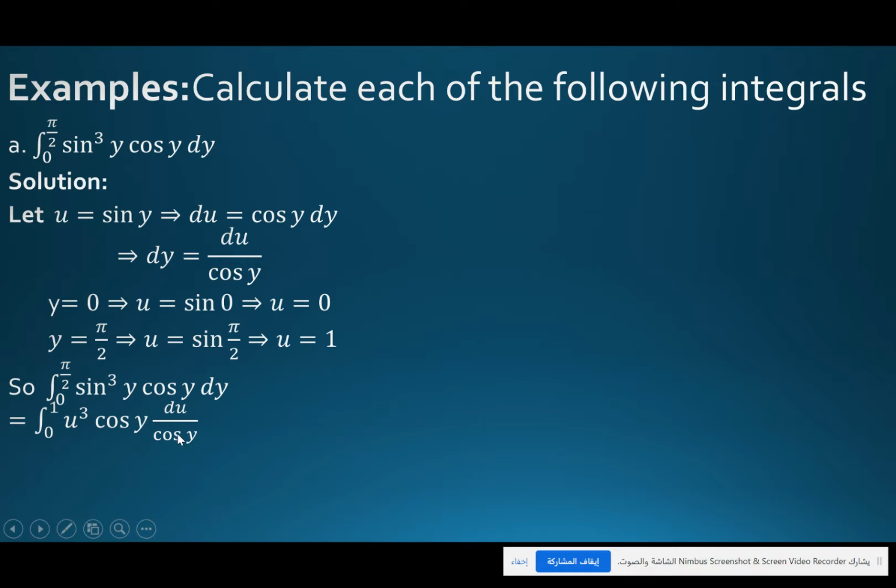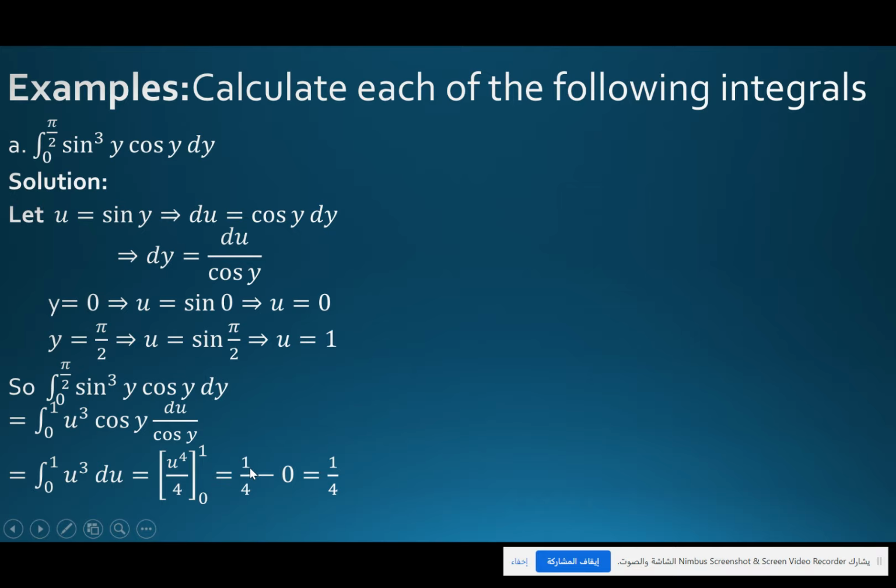Now you can cancel cosine y with cosine y to get finally the integration from 0 to 1 of u cubed, du. Just add the power by 1 to get u to the 4, divide by 4, and use the fundamental theorem from 0 to 1, by replacing once by 1 here and once by 0. Let's do it. 1 to the power of 4 is 1.